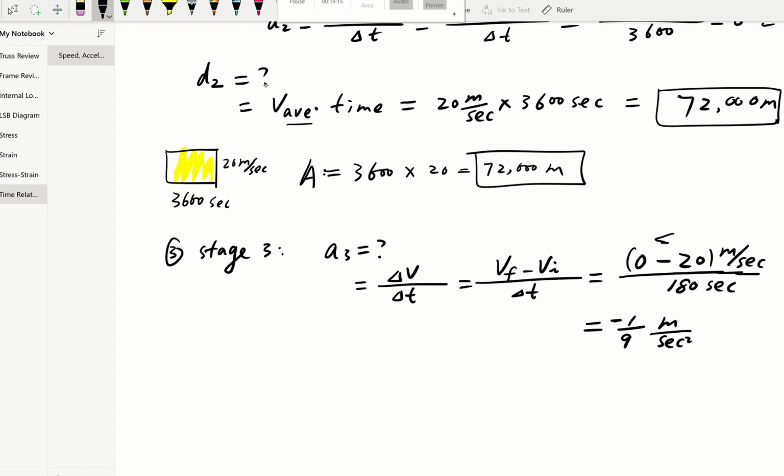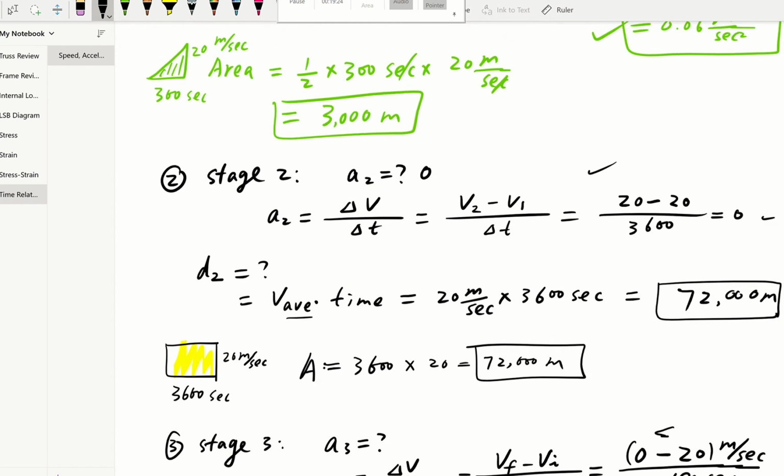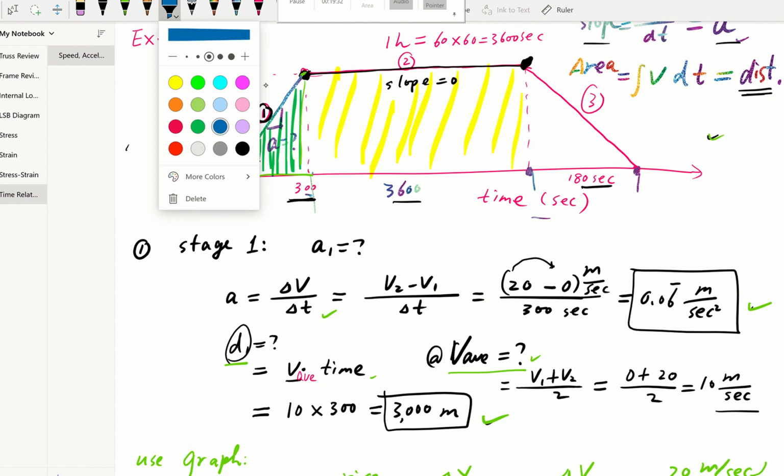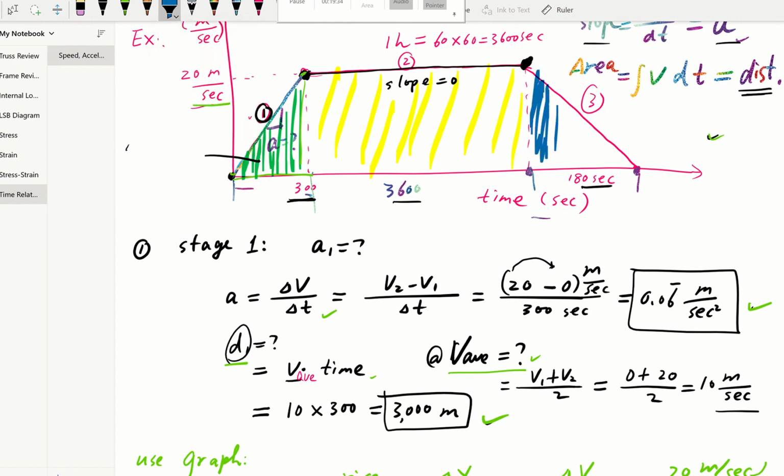The final thing to calculate is how far the car travels during this deceleration process. If we're using the graphic approach, we know the distance it travels is basically the area underneath the curve. So it's going to be this triangle.